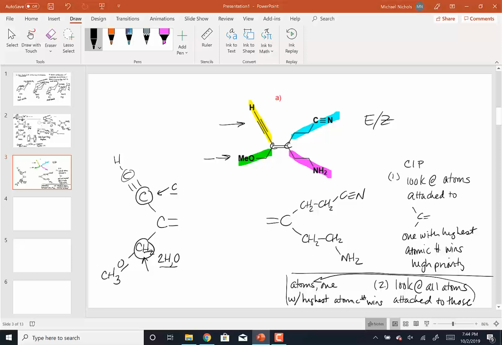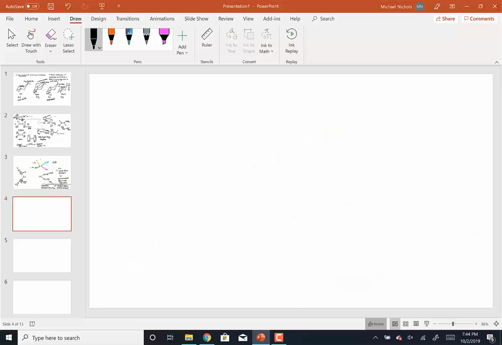So I need to go to the Cahn-Ingold-Prelog sequence rules and figure out how to handle multiple bonds. I'm going to go to the next slide and show you how we handle multiple bonds. Okay, so here's my C triple bond C group. I need to write what's called an equivalent structure.